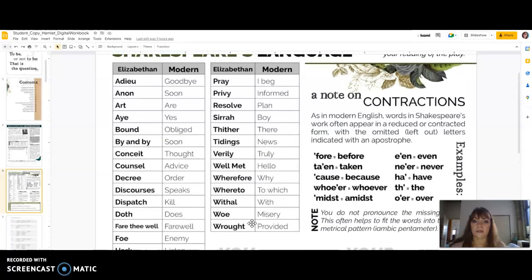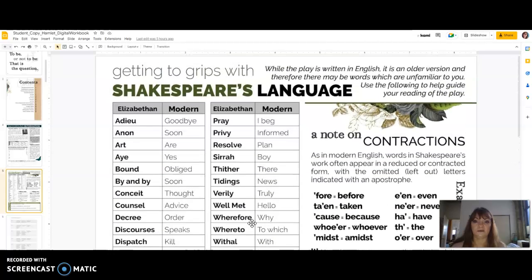The top is getting to grips with Shakespeare's language. While the play is written in English, yes, it is. It is not Old English either. It is not even Middle English. It is the closest thing that we've read so far to modern English. It might not look modern to us, but Shakespeare's language is still considered modern English.